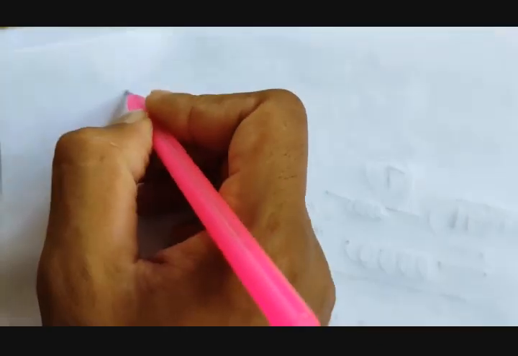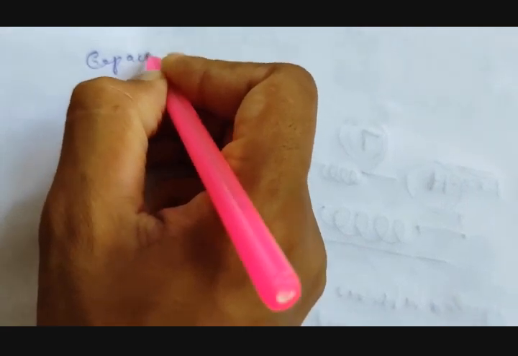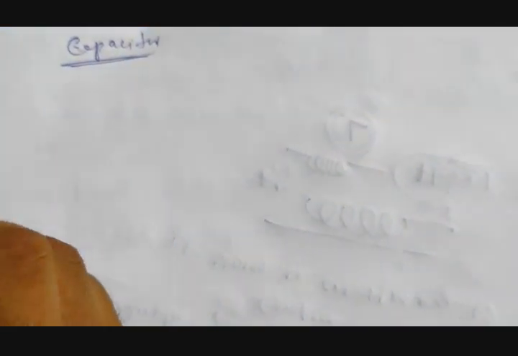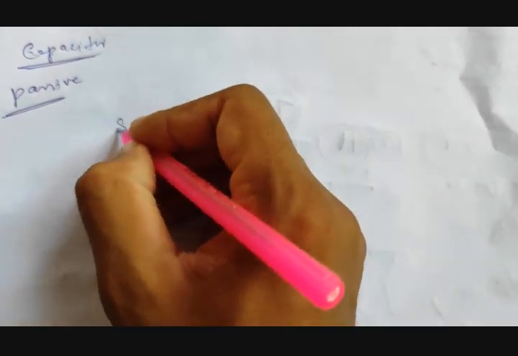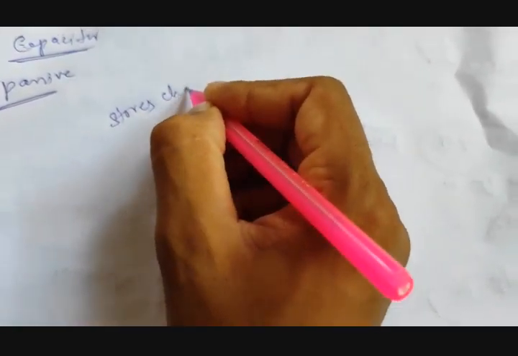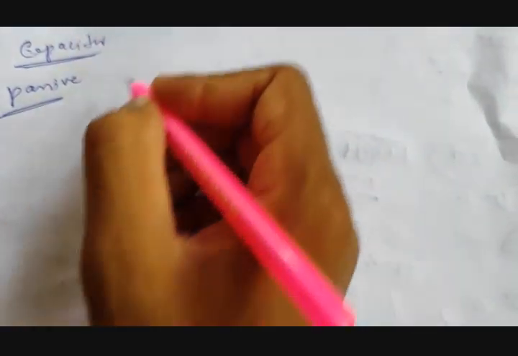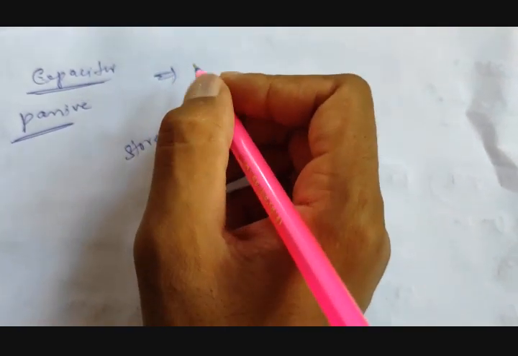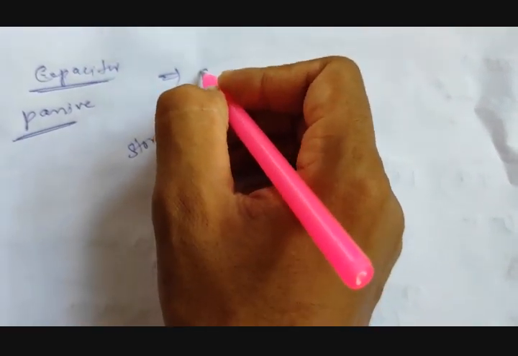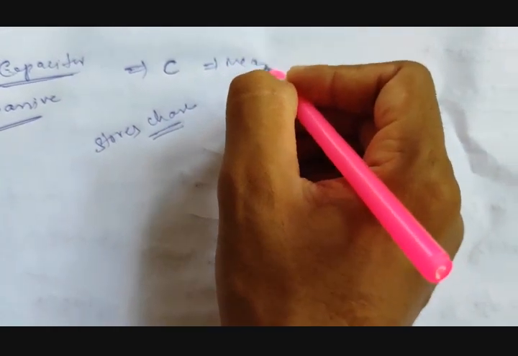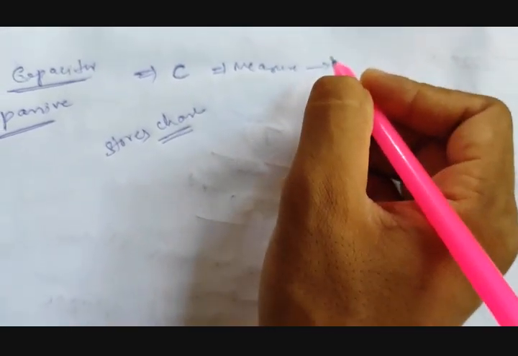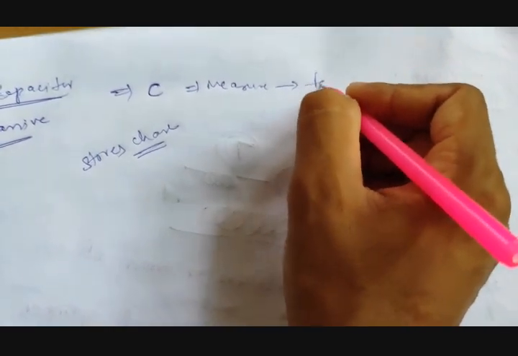And the final one is the capacitor. A capacitor is also a passive component which stores energy in the form of charge. It is denoted by the letter C and measured in farads.